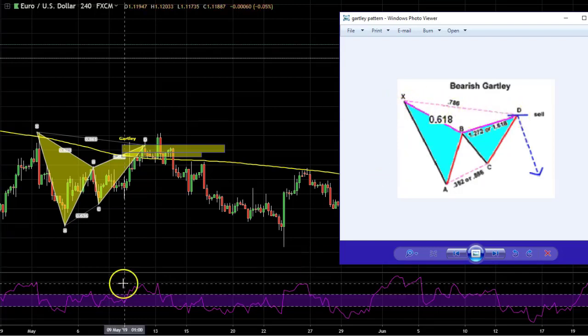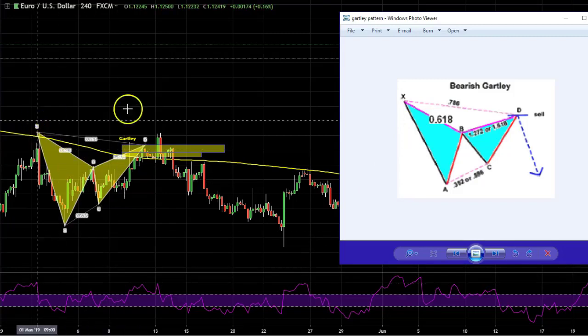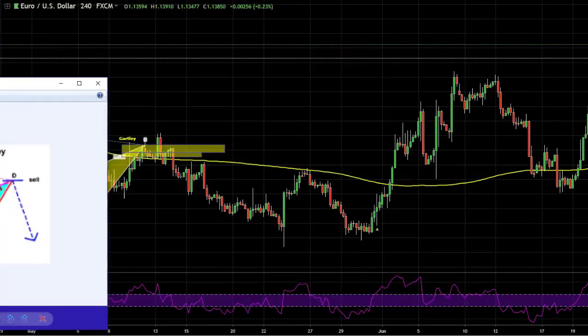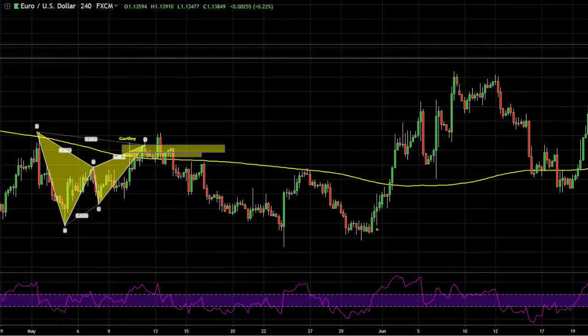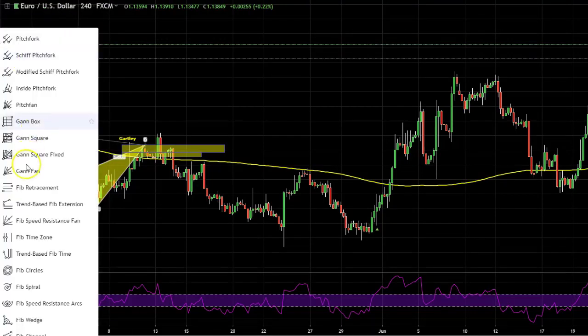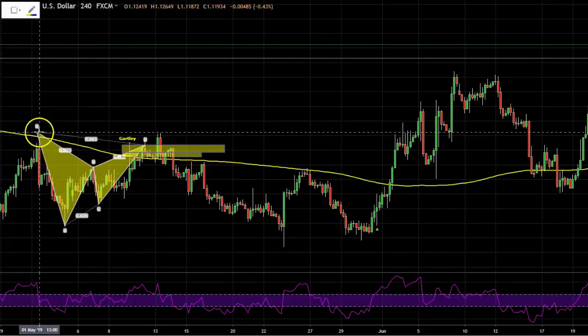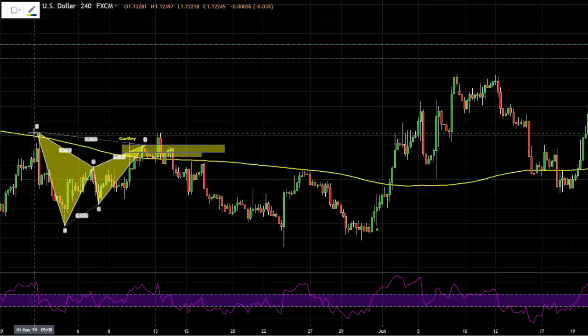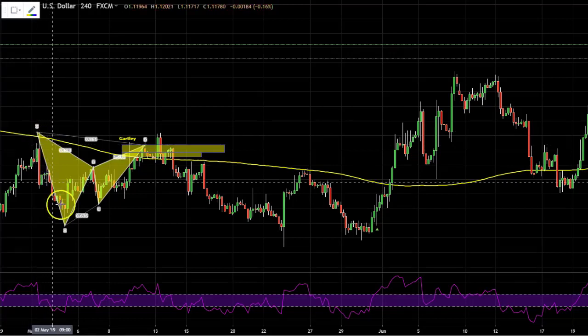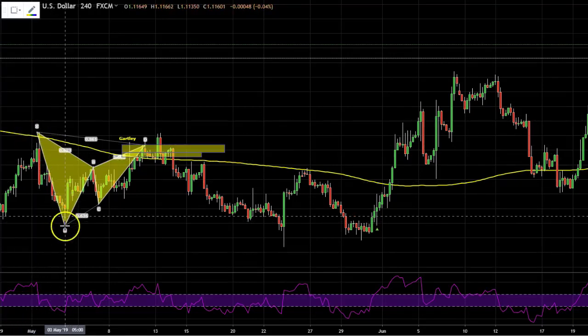Okay, so in applying Fibonacci, let me just take this off. In applying Fibonacci, let's just pull up the Fibonacci retracement tool. We start from the X. But before I even do that, remember, I won't advise anyone to start looking to plot a harmonic pattern just because the price came down.